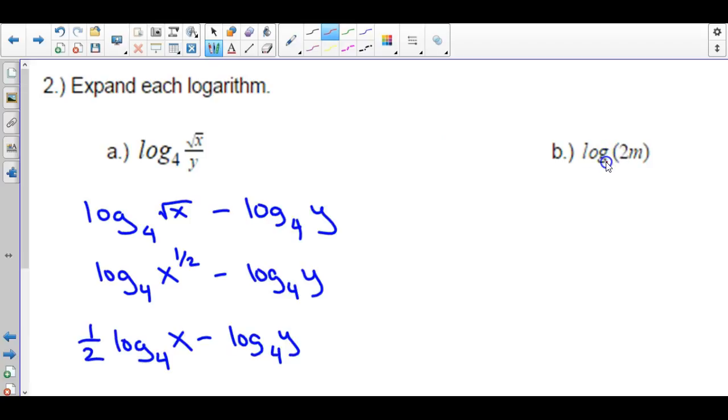The base number is 10. It's invisible, so if there's no base number written, it's implied that your base is 10. And I'm going to split this into two separate logs. So this is as easy as me saying log of 2 plus log of m. So the base, again, being 10 of both of these, it's a plus sign because these are being multiplied together.